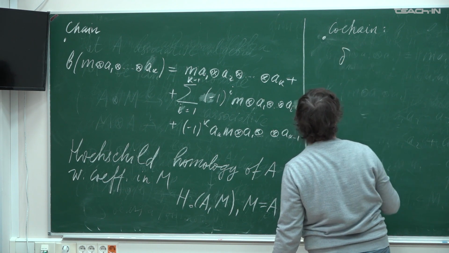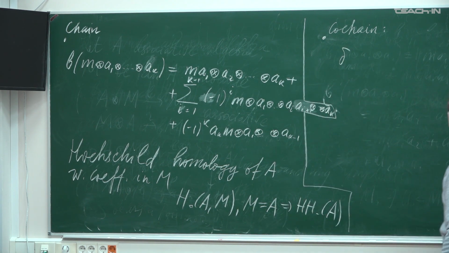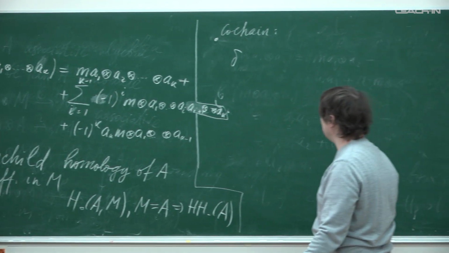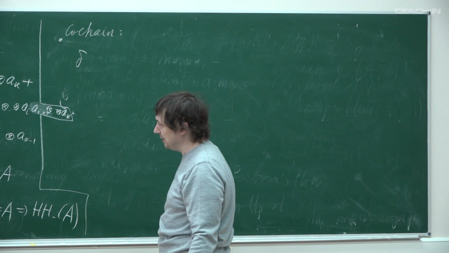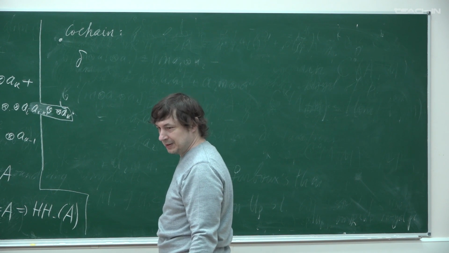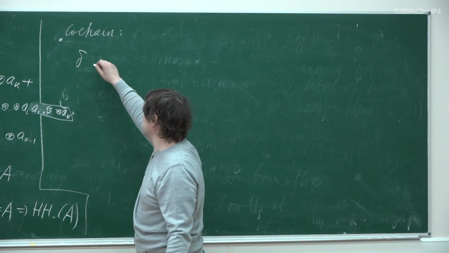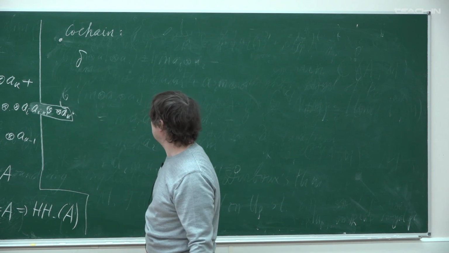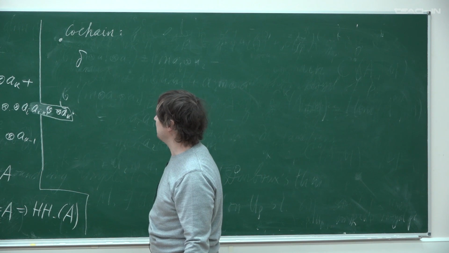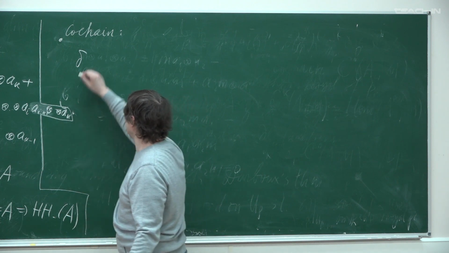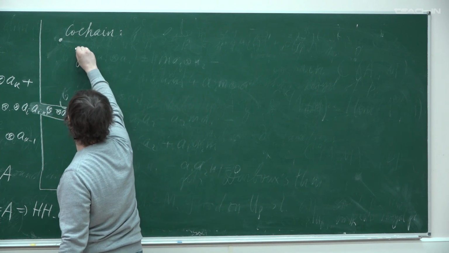This differential is usually denoted by delta, although this notation delta is not as fixed as the notation of b for the homological case. But in most books which I read, this differential in Hochschild cohomology is denoted by delta. So delta of phi.